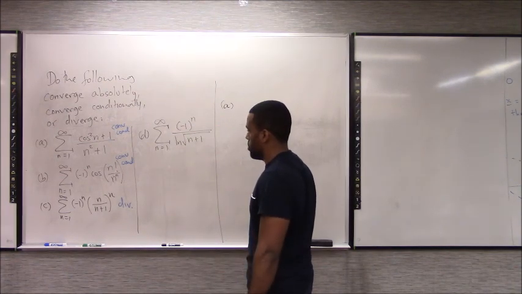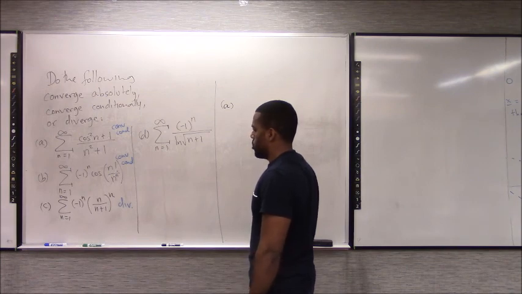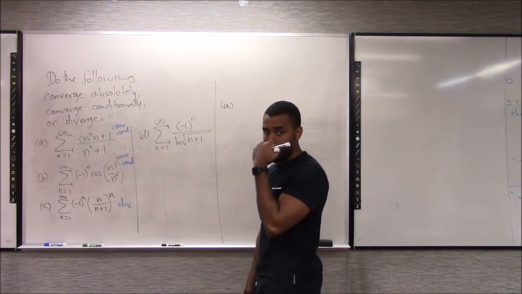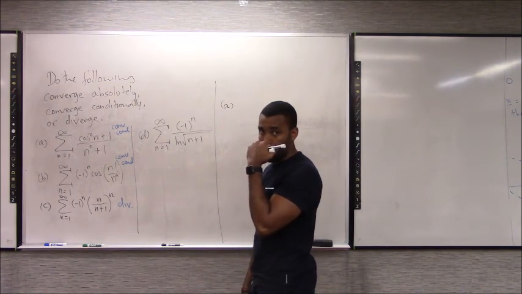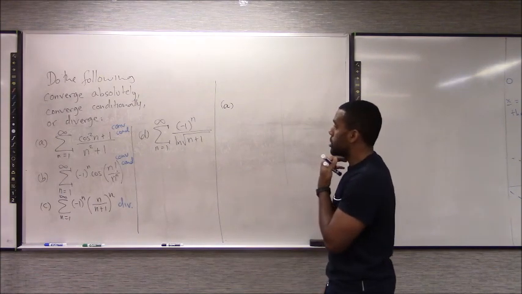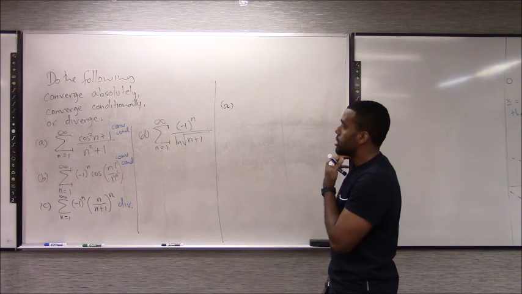But did you actually check absolute convergence or no? I did that test and I found that the limit equals 1. And since 1 over n squared converges, that means a_n also converges.